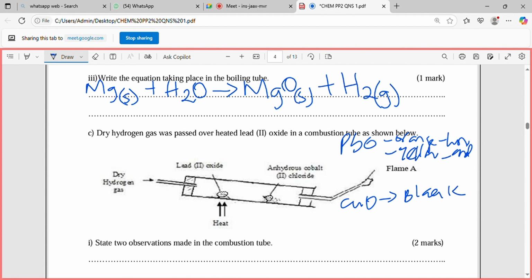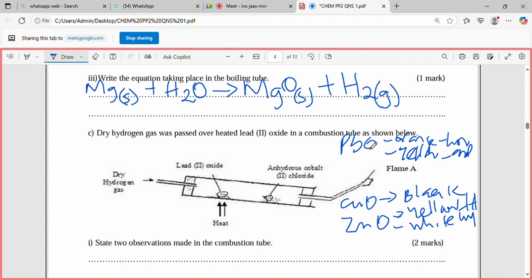Then zinc oxide, which is yellow when hot and white when cold. Metals are always gray except copper, which is brown.